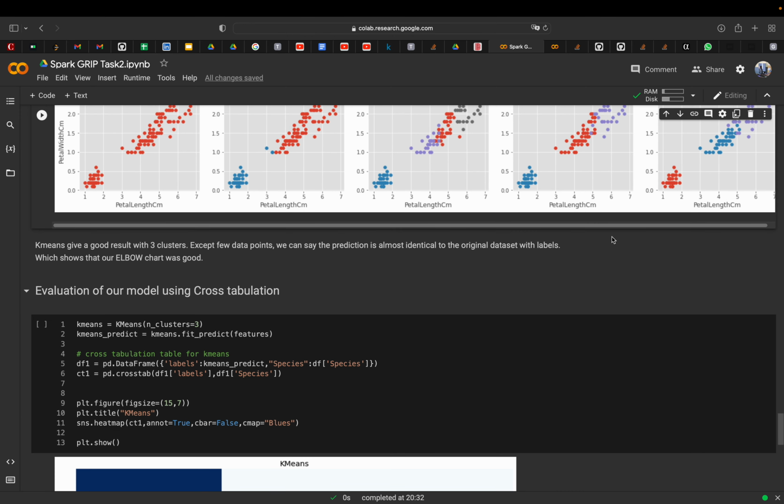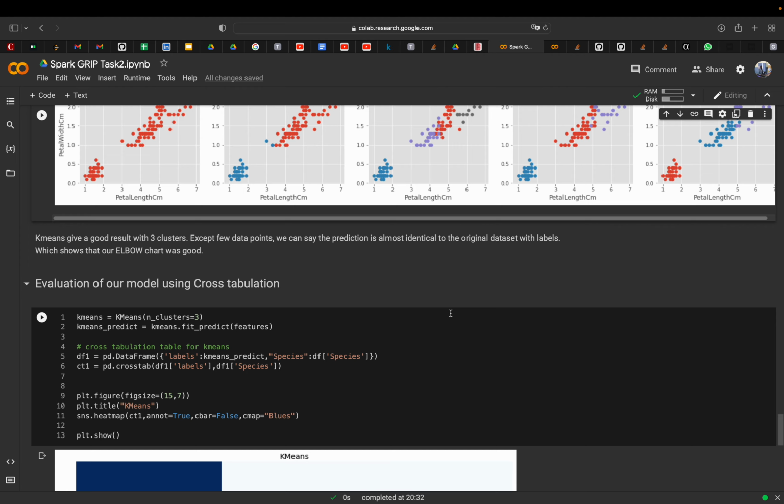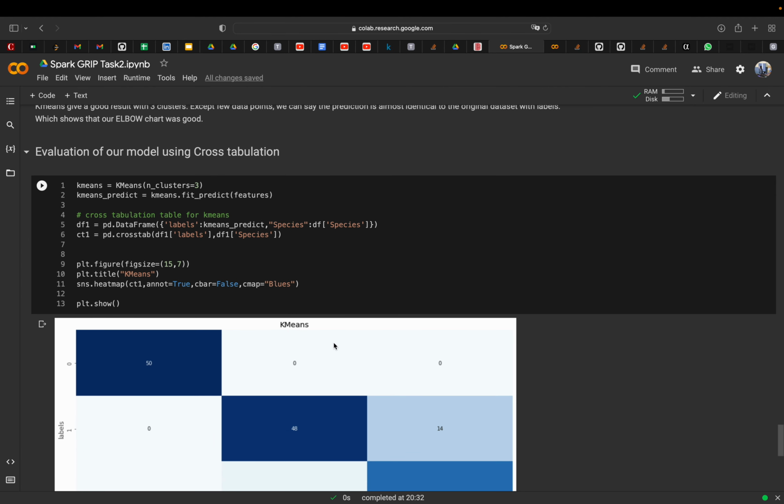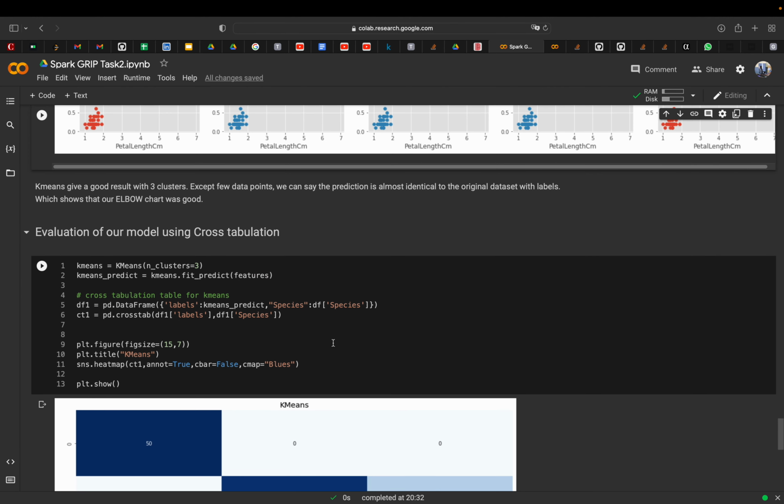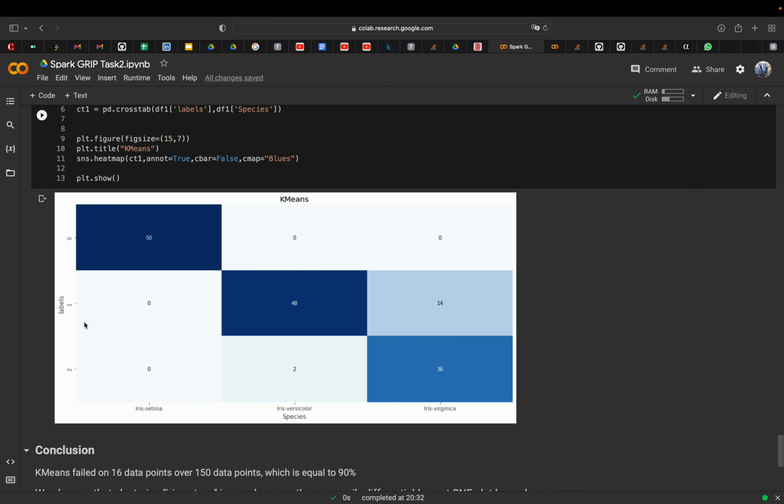So now we have to evaluate whether our model is predicting well. This is the cross tabulation that we are using to evaluate our model. This one is the label, and our k-means columns here are the species: iris setosa, iris versicolor, and iris virginica.